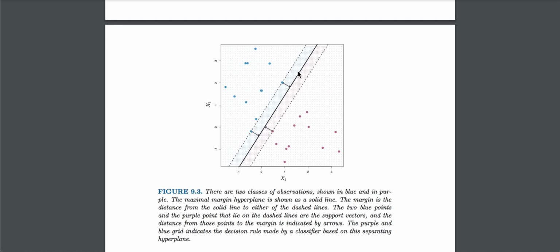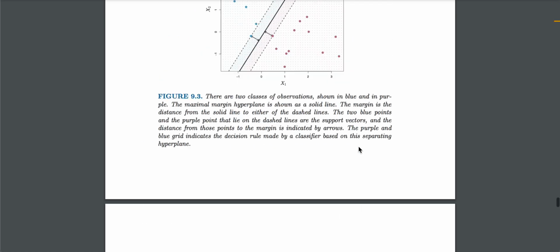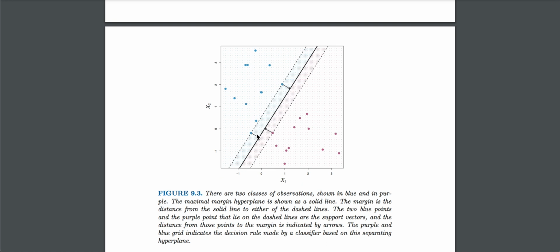This is the maximal margin hyperplane, and the closest points to it are this point and this point. These 3 points support this hyperplane. So a maximal margin hyperplane is, in a way, a function of a small subset of observations. Essentially only these 3 points matter.